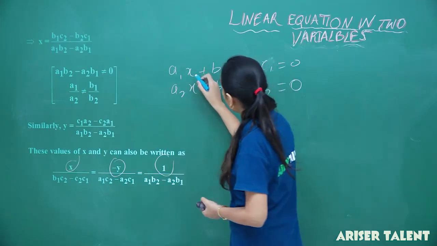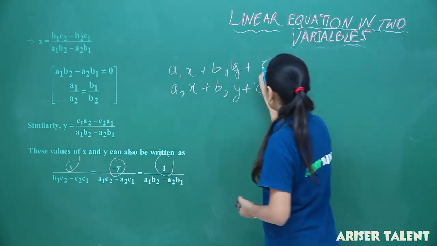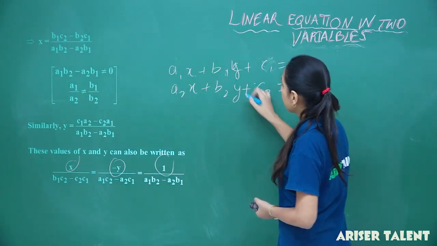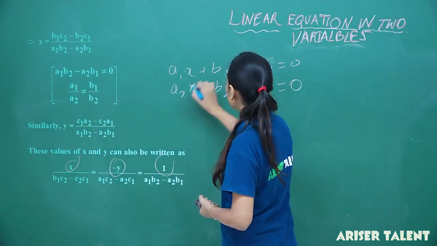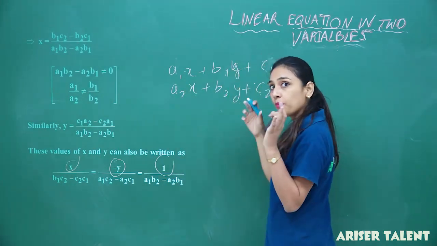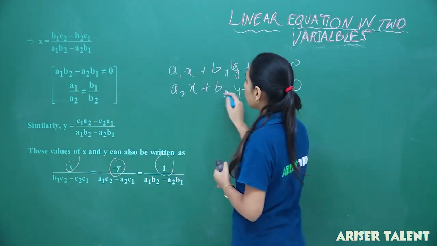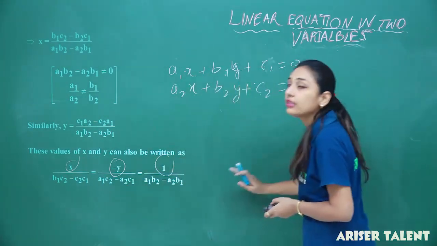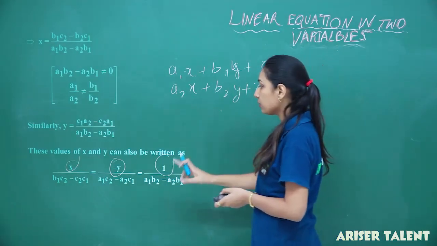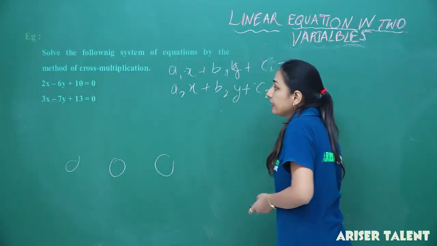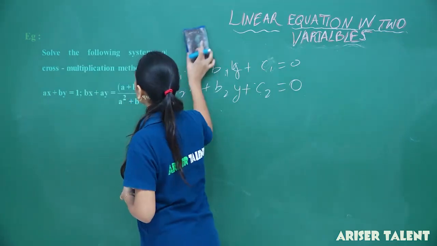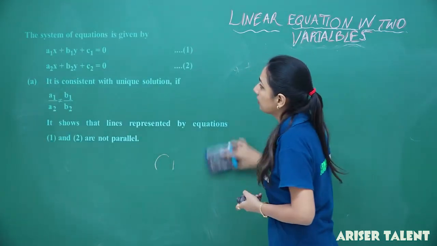In that, we hide one column and cross multiply these coefficients, then we hide another and cross multiply these coefficients and put a minus sign in between. Likewise, we hide another and cross multiply this. So we get these coefficients for x, y and the constant. Then we solve the questions. So we solved the questions here, right? Okay.